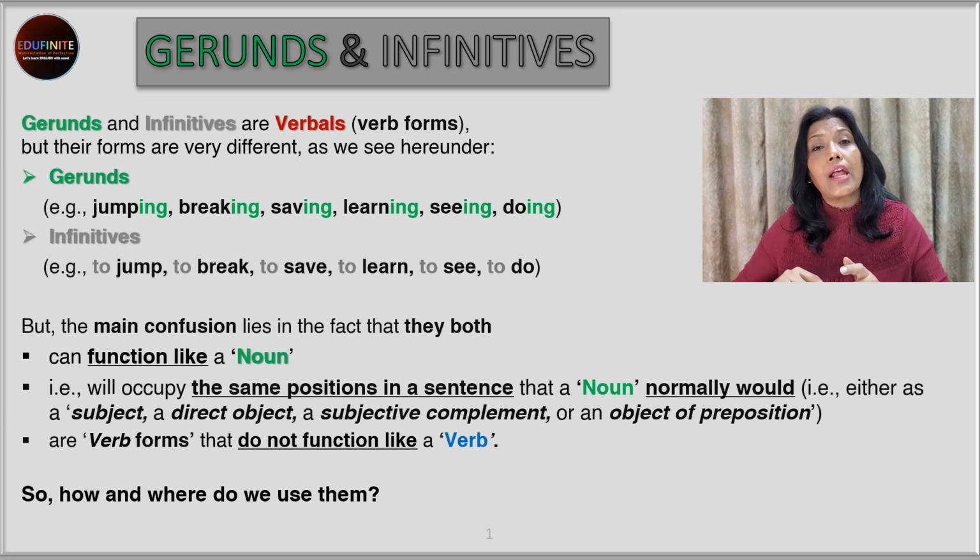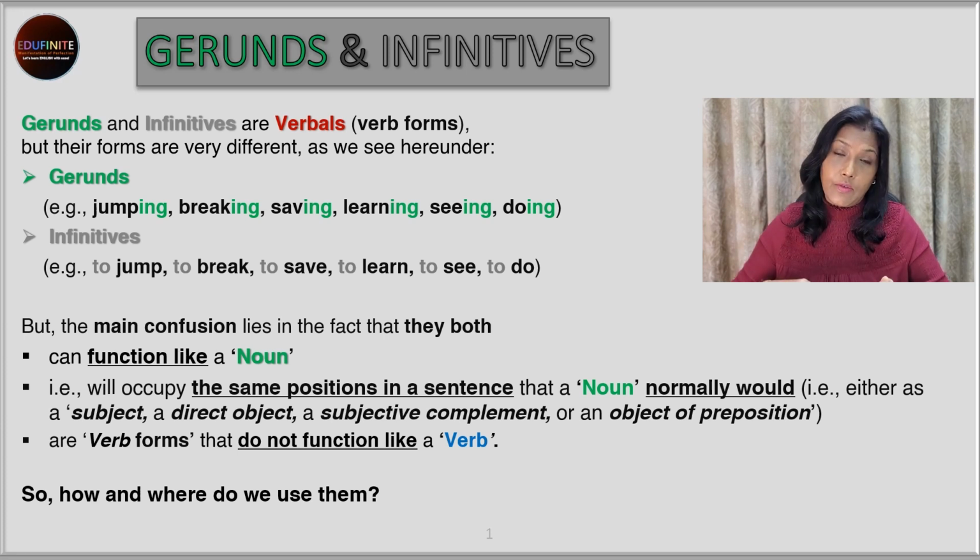So where and how do we use them as subjects? The other one is, which one do we use after preposition, after adjectives, whether we use gerund or we use the infinitives, and after the verbs of perception, which one do we prefer to use? So these are the few questions that we'll now delve into.